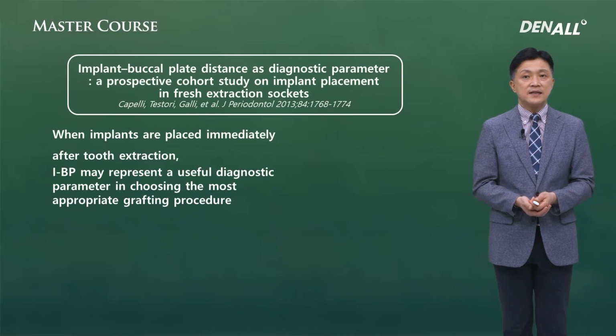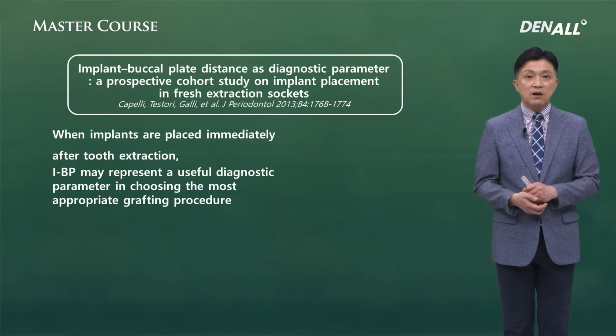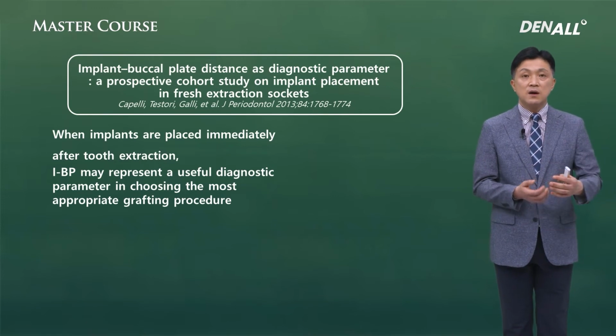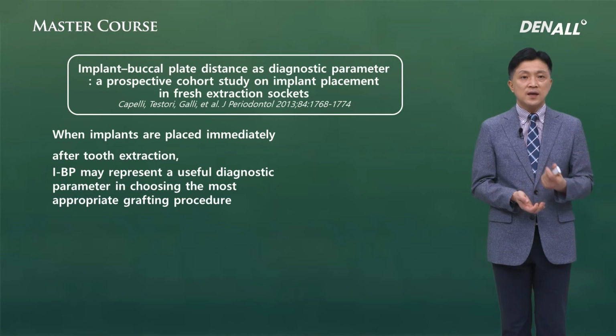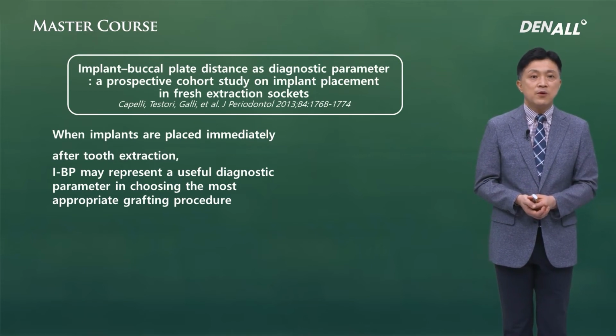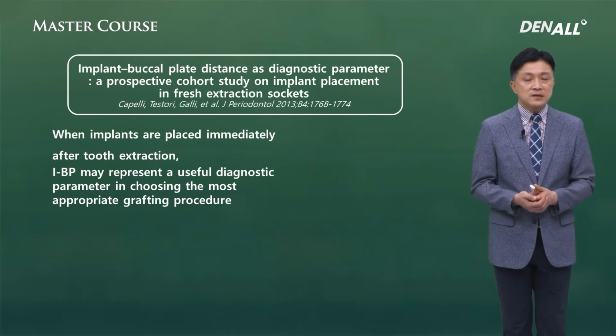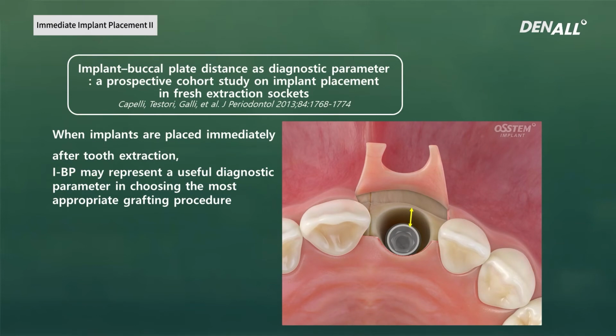What kind of criteria can we use to determine whether we are going to do internal graft or external graft or do both? Capelli and Testori published a study in 2013 setting this criteria. In this study, there's this concept called IBP.